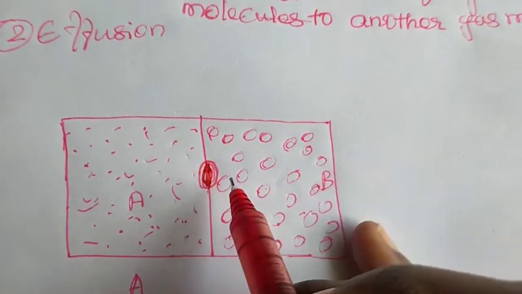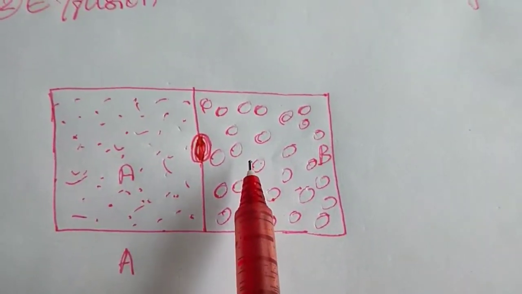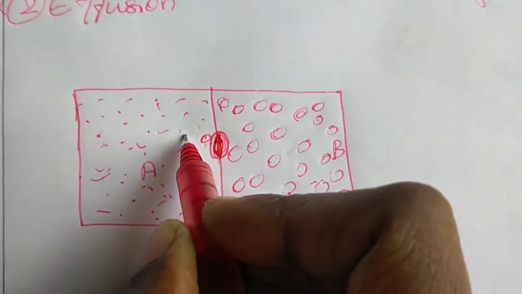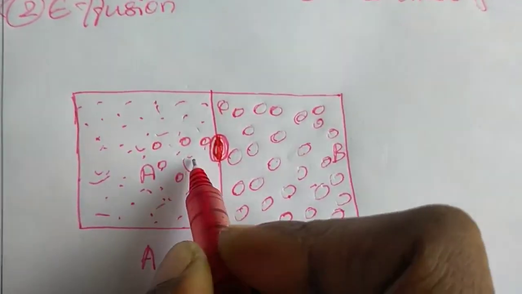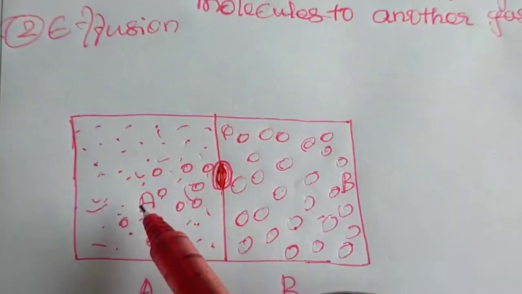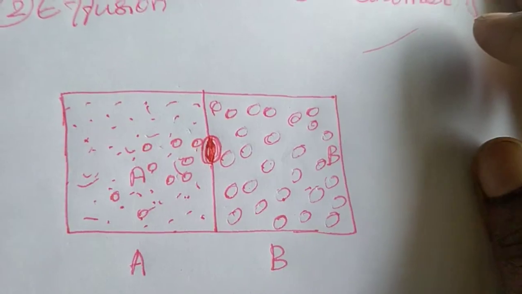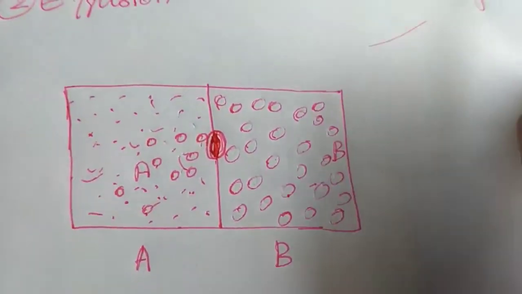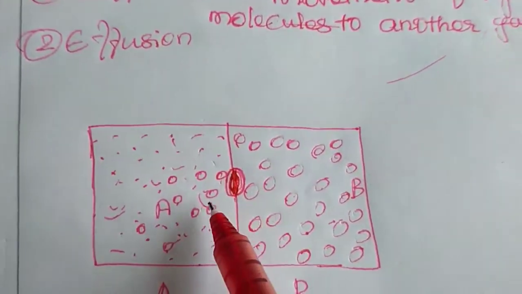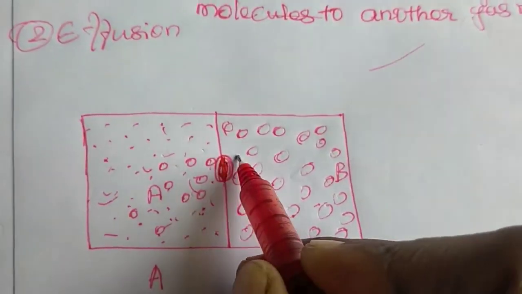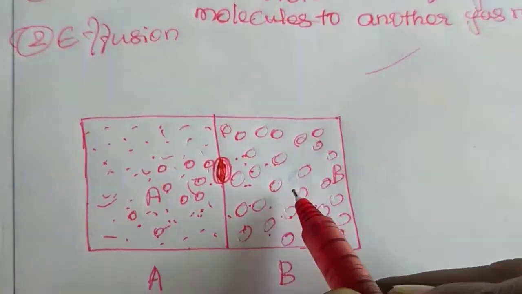Through this hole, the air particles move from the B compartment to the A compartment and diffuse with the particles there. Gas molecules can move from one place to another even through a small hole. So the gas molecules also move through this small hole from the A compartment to the B compartment. What is happening here? The A particles are also moving through this hole and filling the B compartment.